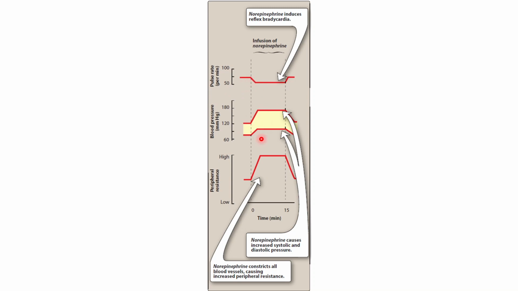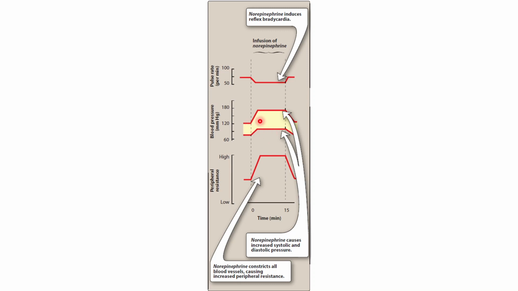Because of the very high increase in blood pressure, not directly, but the increase in blood pressure will stimulate the vasomotor center in the brain, and that will send a signal to the parasympathetic nervous system that will be activated, and that will decrease the heart rate, leading to bradycardia. And then both systolic and diastolic pressures are increased.